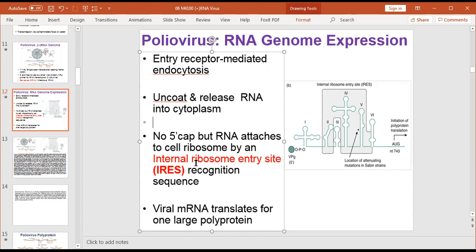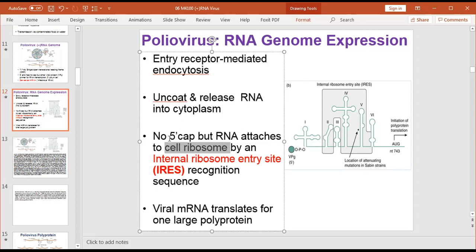Remember, I mentioned in the previous slide that a positive RNA genome can serve as messenger RNA, so it can basically be translated. In order for translation to happen, the genome needs to attach to a host cell ribosome. This is usually directed by the 7-methylguanine cap at the 5' end of the positive strand RNA, or the messenger RNA.